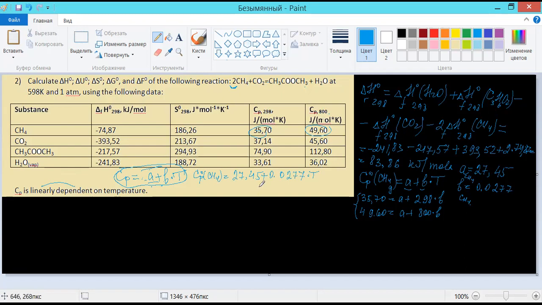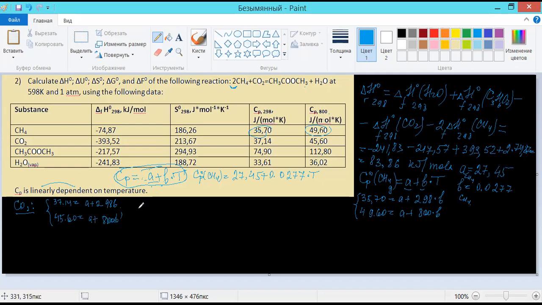Okay, let's do the same procedure for the rest of the substances, participants of the reaction. For example, for CO2, we've got the following system: 37.14 equals A plus 298B and 45.60 equals A plus 800B.